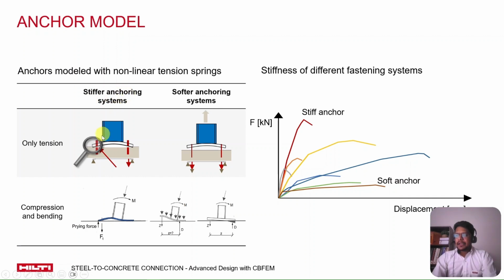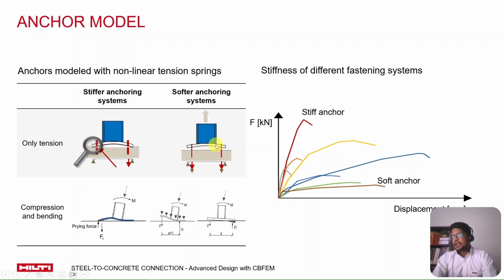anchoring system, of course, does not deform at its location, but the tension load applied with the profile tries to bend the base plate at the center, and hence produces more prying effects in comparison to the softer system, which actually deforms along with the base plate, and hence the base plate remains more flat in comparison to the stiffer anchoring system.